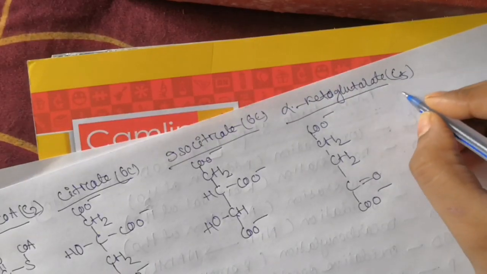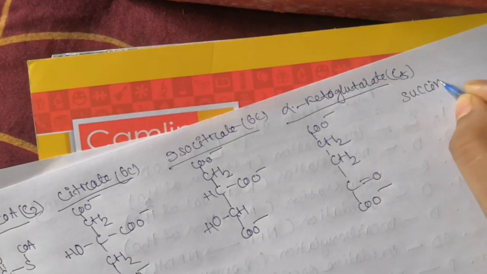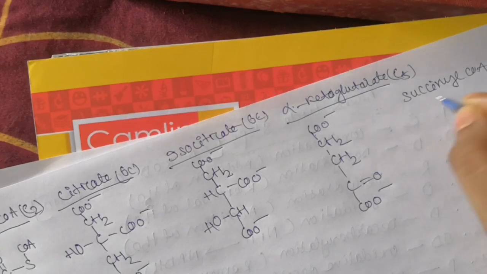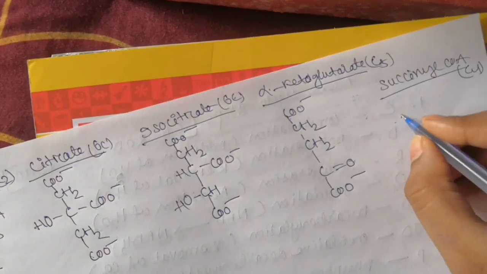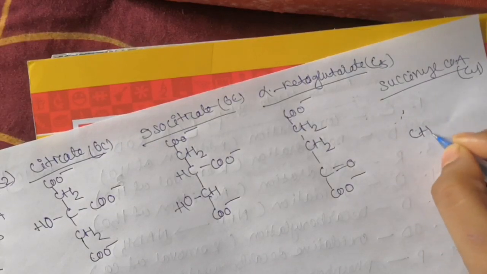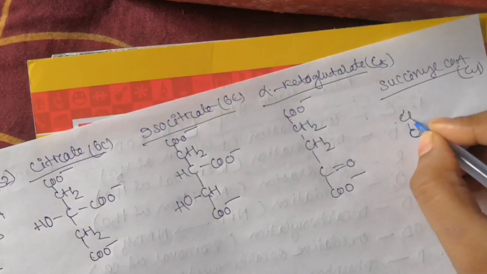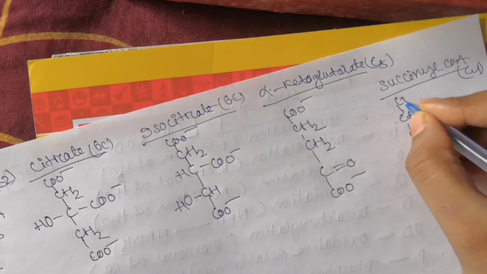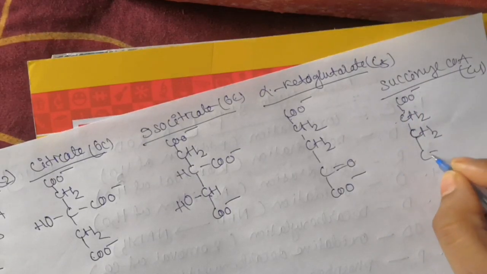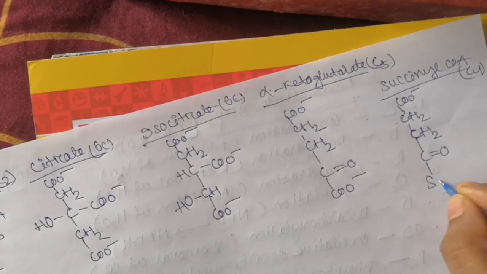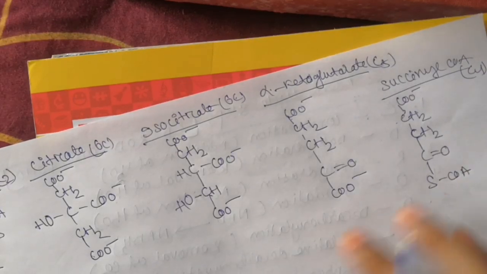Next is succinyl coenzyme A, C4: CH2, COO minus, C double bond O, SCoA.